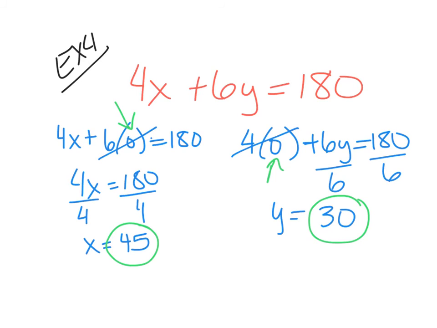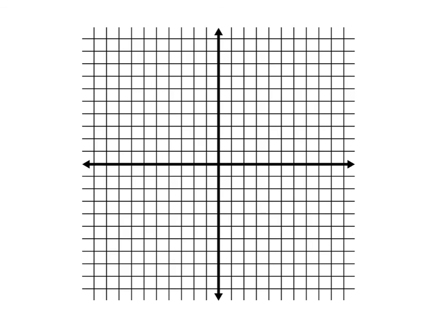So if I graph this, x equaled 45, y equaled 30. So let's graph this by 5s. 5, 10, 15, 20, 30, 45.